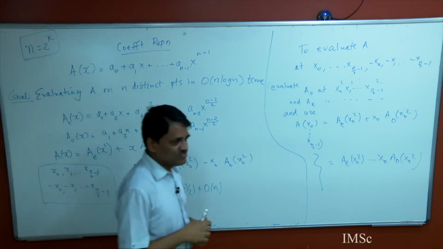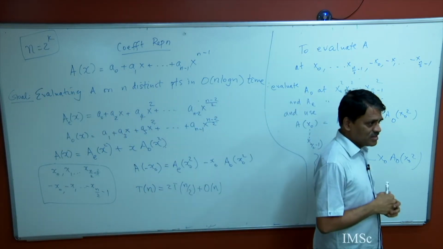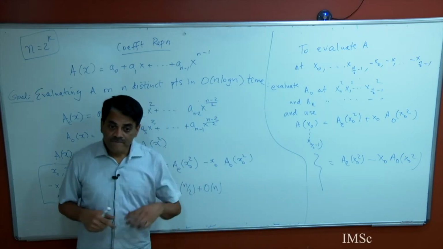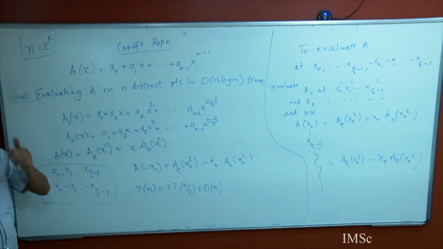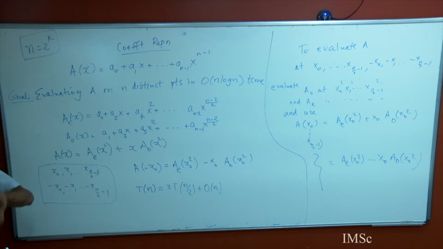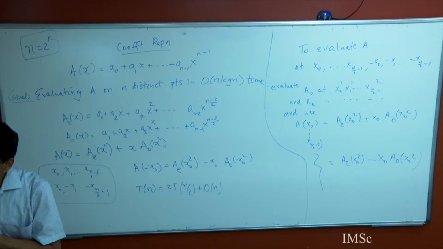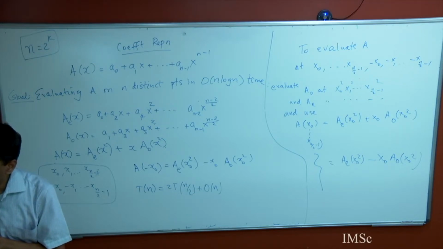That's just some n multiplications. So what? It's another polynomial of degree n by 2.